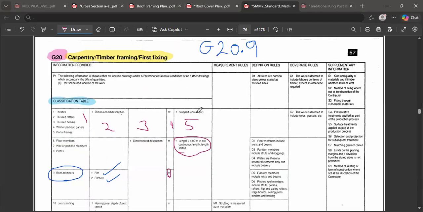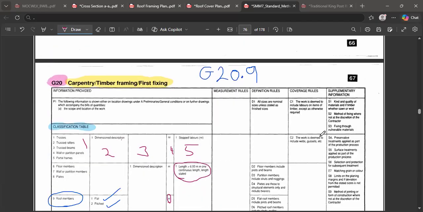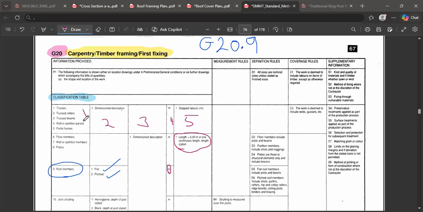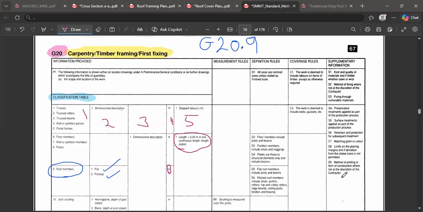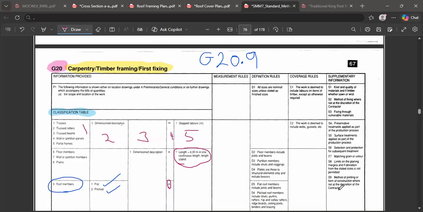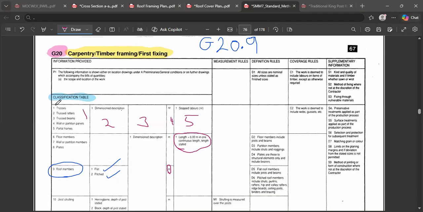This is also supplementary information. If the information you pick over here is not enough, you can pick some from the supplementary information. So you are good with this stage of measurement of construction work for the classification table. Once you pick one over here to classify, you pick one from all of these columns, just the classification table.